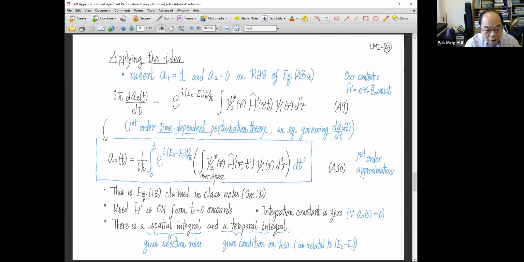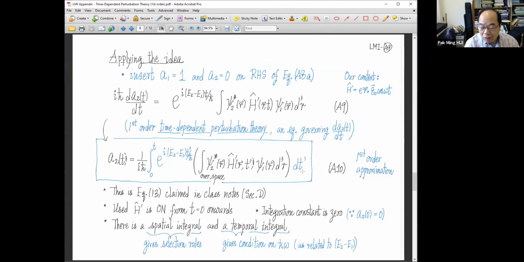So therefore, there is a time integral involved. There is a time factor that has to do with the energy difference between the 2 levels, as well as a cosine omega t prime due to the incident light. So altogether, there are 2 time factors, for which we should do the time integral.